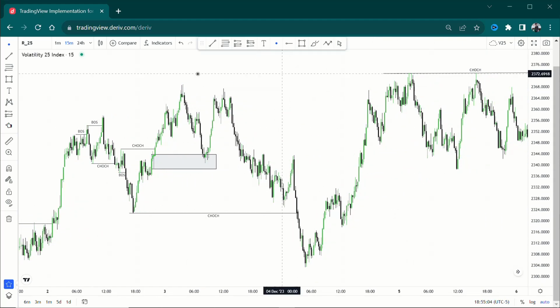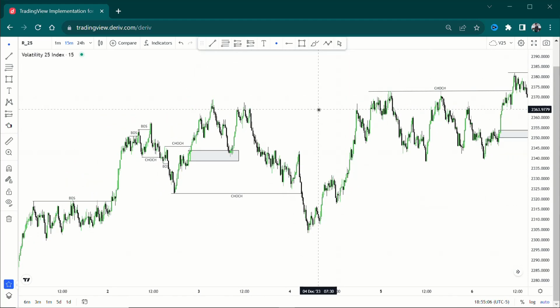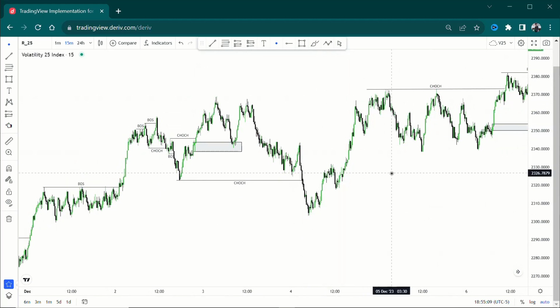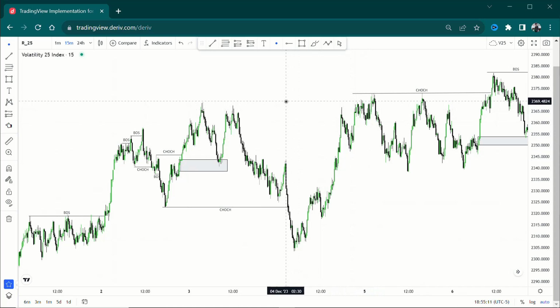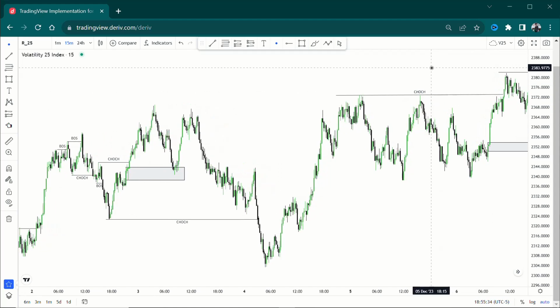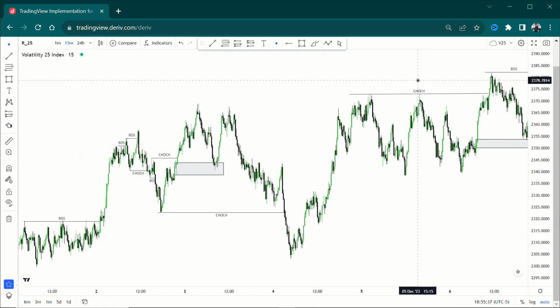And then it went right back up. It immediately changed character there. Here it just played around. It didn't close in there, so it would have been a direct change of character. There was a short term trade there, even there, until it broke through here.